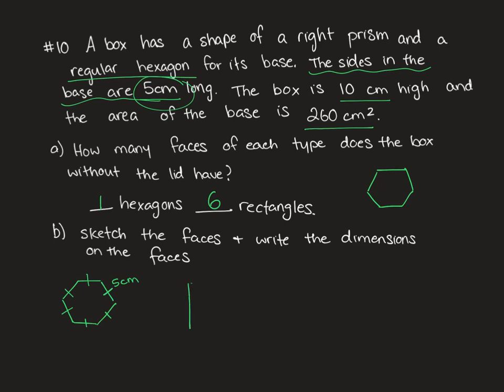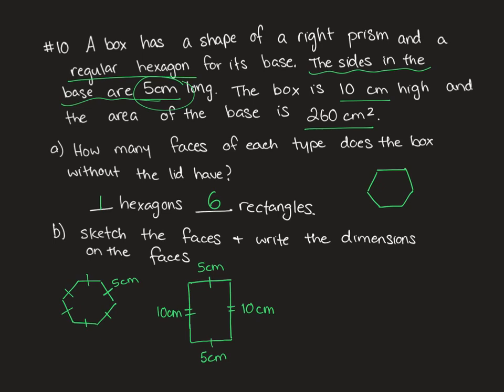Now, for the rectangles, the shorter side is going to match the hexagon, right? So how long would the short edge of the rectangle be? So it would also be 5 centimeters because it's connecting to each of those edges. And from the question, what do we know the other side length is going to be? It's 10 centimeters. Because the box is 10 centimeters high, then these two sides are the part that's going up and down.